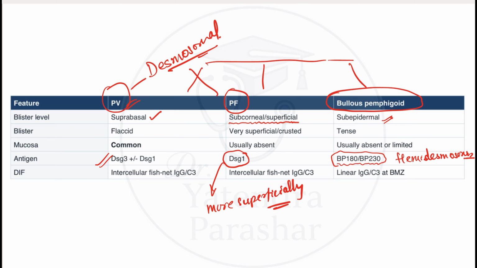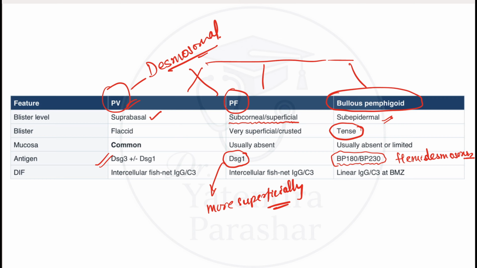Blisters of pemphigus vulgaris are flaccid and get easily ruptured, and in cases of pemphigus foliaceus, blisters are very superficial, form crust easily, and rupture easily. However, the blisters of bullous pemphigoid are tense and do not get easily ruptured.